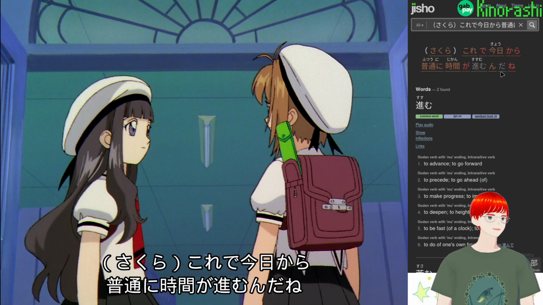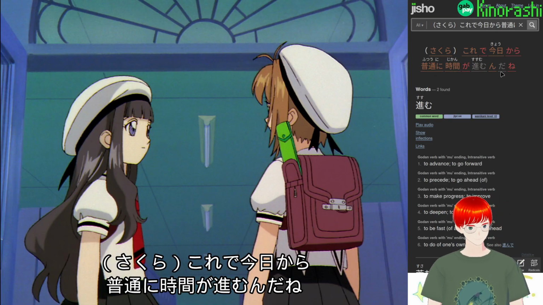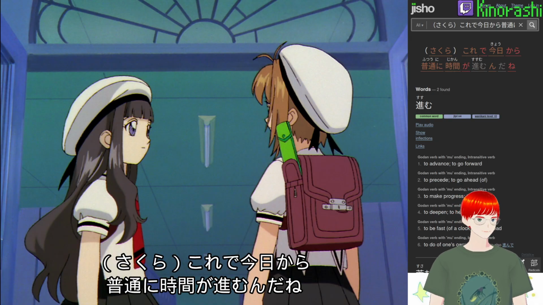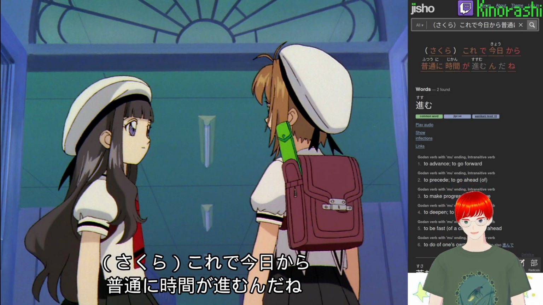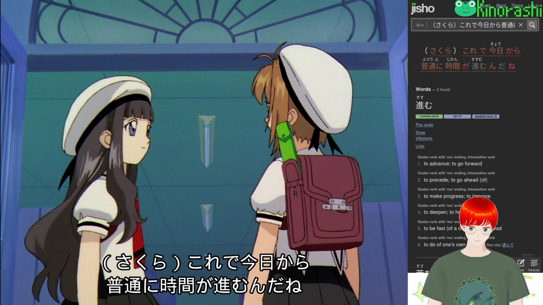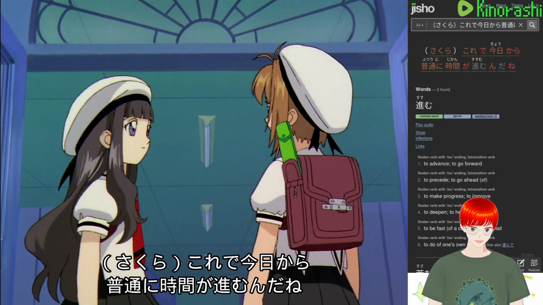Node means reason, and you can use kore similar to node in some situations. So for this reason, or in other words, from this point on, or with this, so kore de. Oh, that's right. Kore de, using this, or with this, or with whatever they're talking about, which they already know about. So kore de, kyou kara, futsu ni jikan ga susumun dane. So with this, from today, time will continue normally.